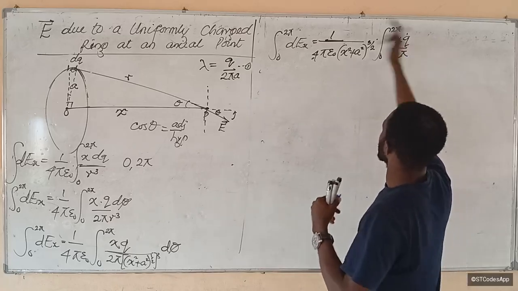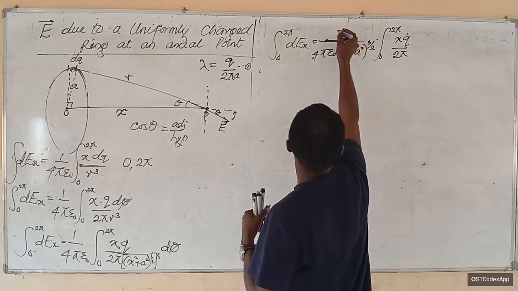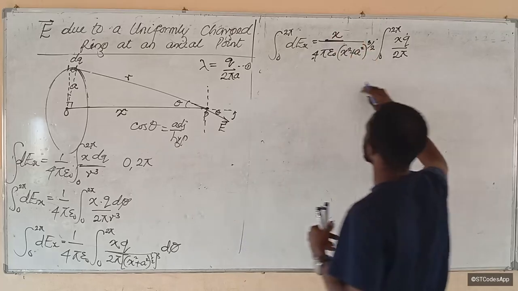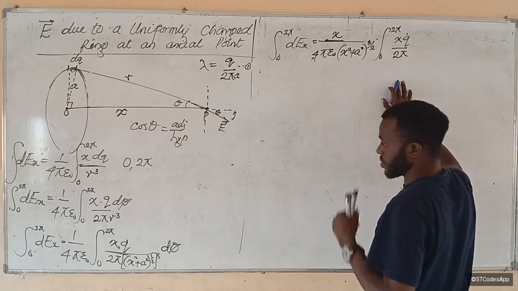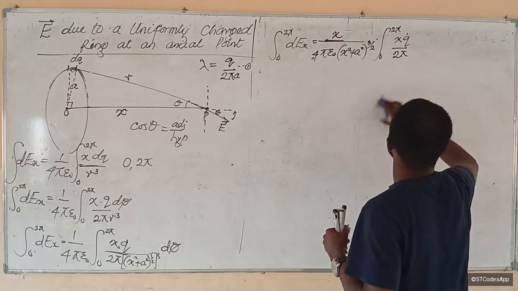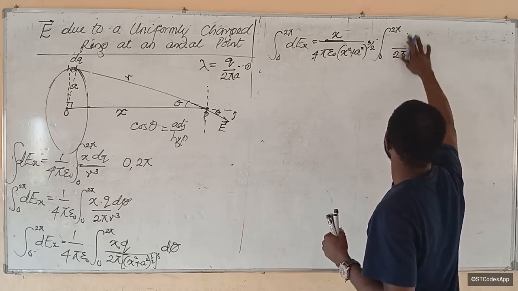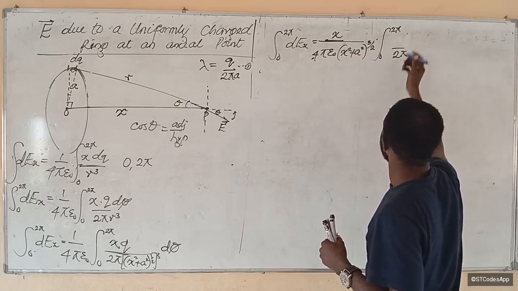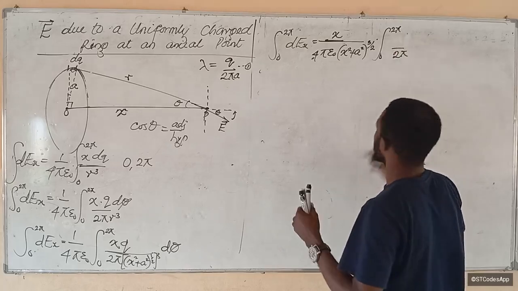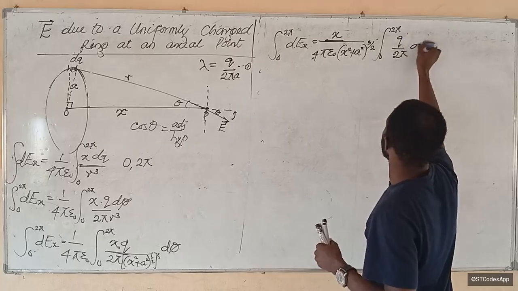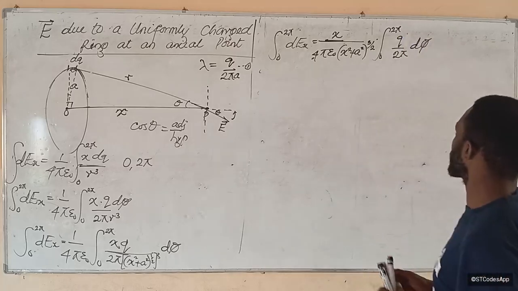x is also a constant, so let x come here. So we have x there, then q over 2 pi, q over 2 pi d phi. Right.